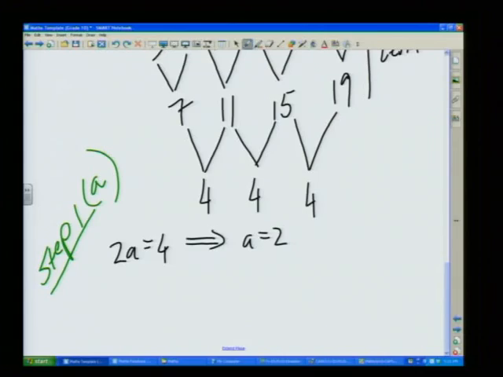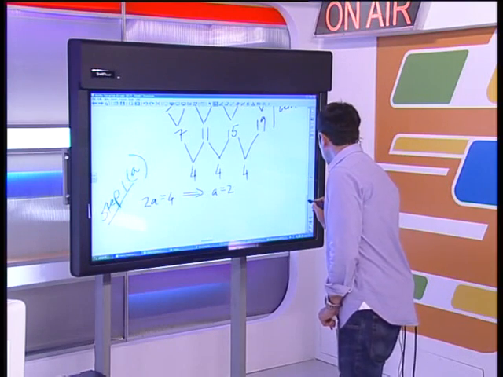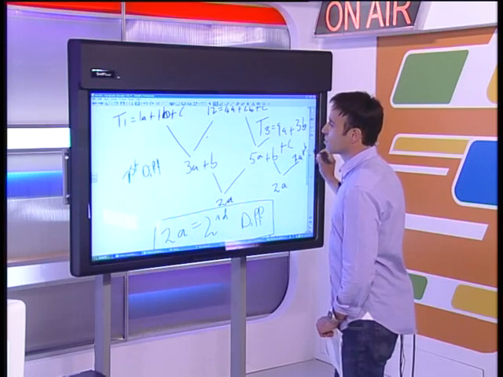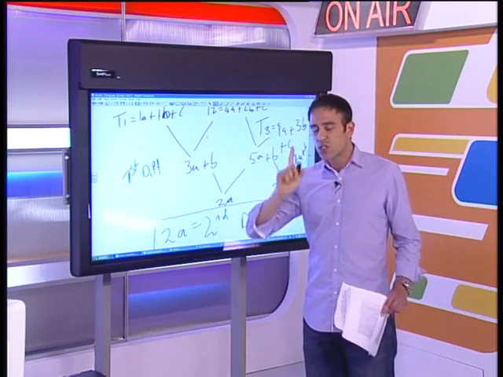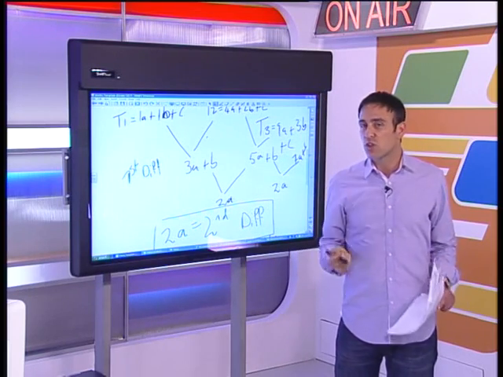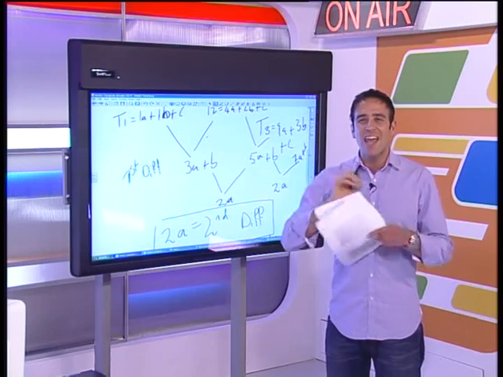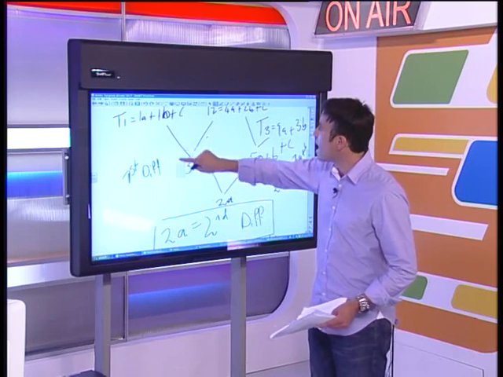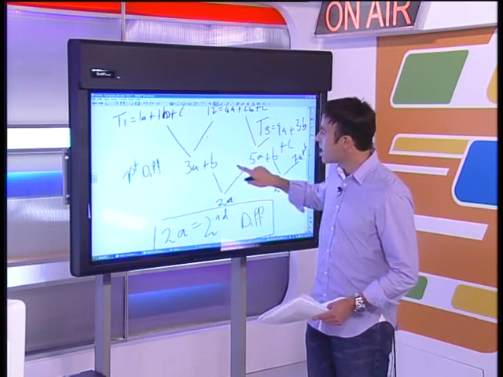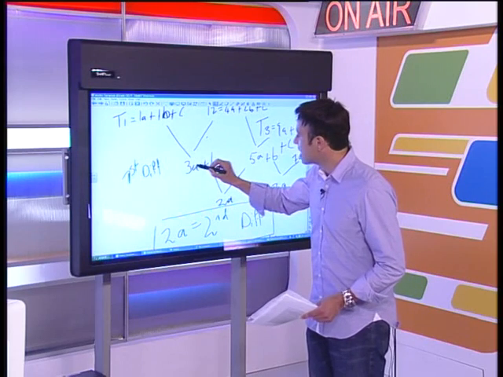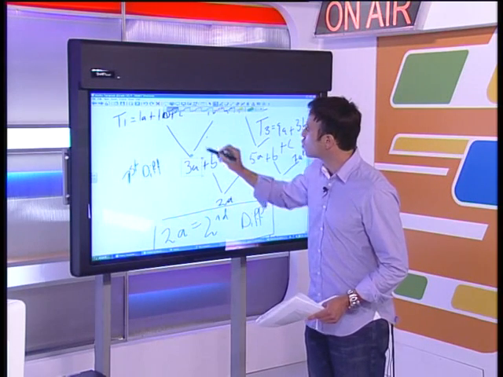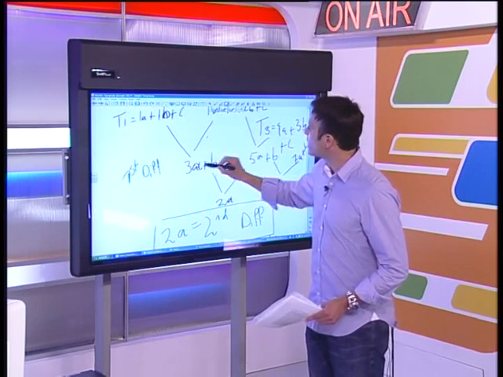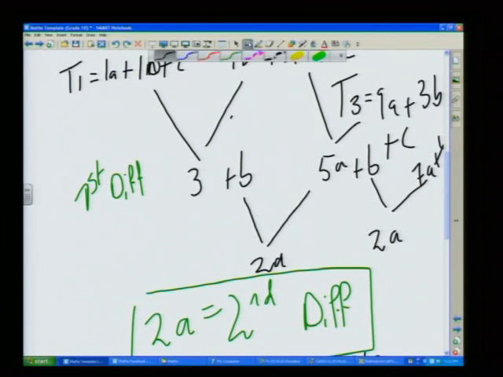How do we get b and c? To get b and c, we go back to something that we did a little bit earlier on, in this general term. Remember I said to you that if it works in a general term, we don't call it general for nothing. It's because it works in every kind of quadratic series under the sun. And that means that this 3a plus b will always be equal to our very first difference.